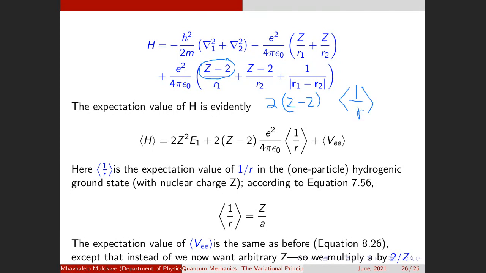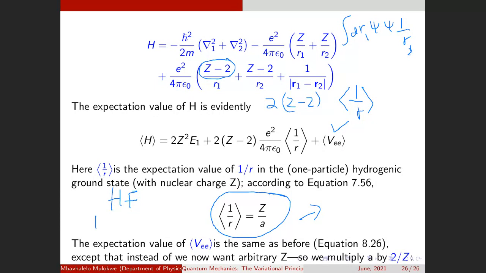It is the same as the expectation value of 1 over r2, because they are dummy variables. Whether you call it r1 or r2 doesn't matter, so in the end I'll just call it r1. The other expectation value we have computed, and similarly this one I computed using the Feynman theorem previously. If you remember, for the fine structure we had to compute things like the expectation of 1 over r squared, but my point is that we already know the answer.